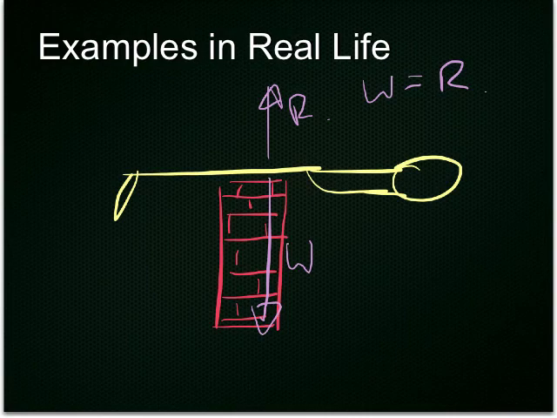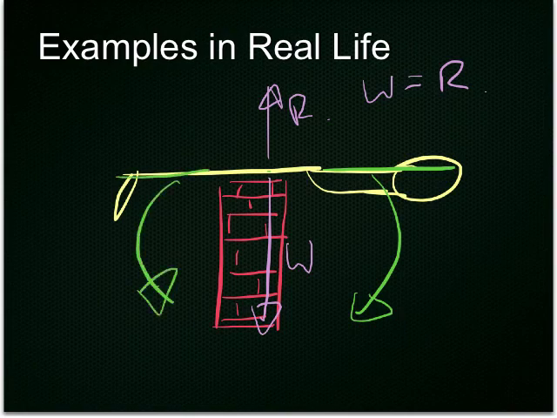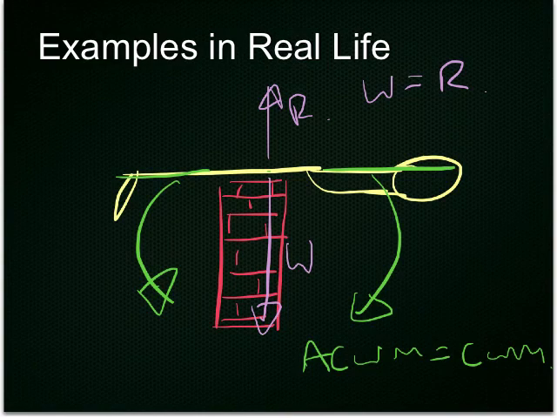So this part of his body, the moment from that part will be equal to the moment from that part. So ACWM equals CWM. But there's a lot of examples in real life of this. Like another classic one would be some sort of mobile where you have different things hanging off and a different number of branches.